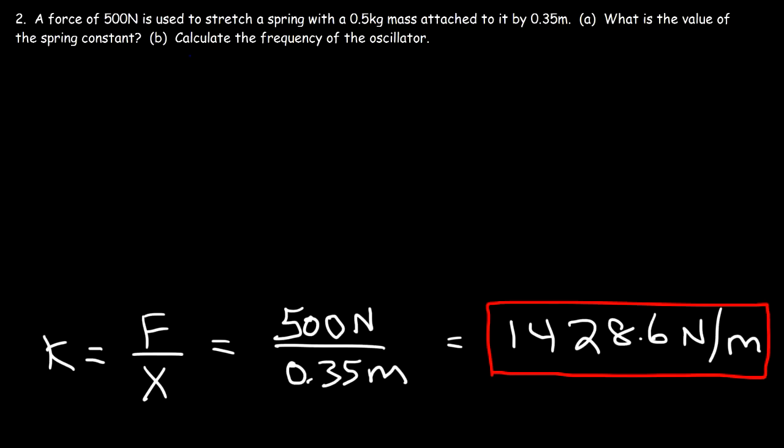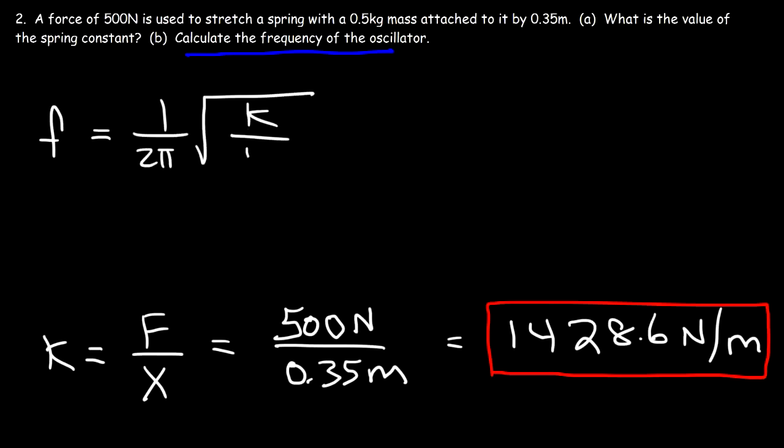Now let's calculate the frequency of the oscillator. The frequency of this spring is going to be 1 over 2 pi times the square root of k over m.